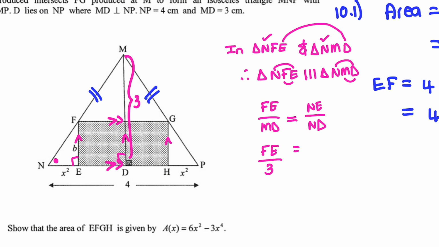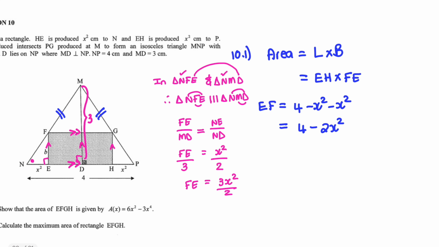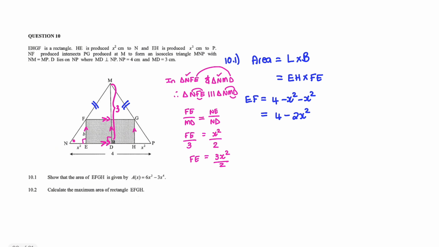NE is equal to x squared. And ND would be 2 units, because this is cutting NP in half. So that is 2. Therefore, FE is 3x squared over 2. So I simply cross multiply. It's a little bit complicated for the solution, but let's see.